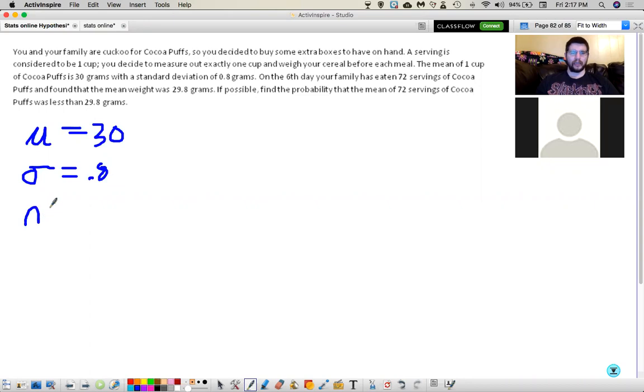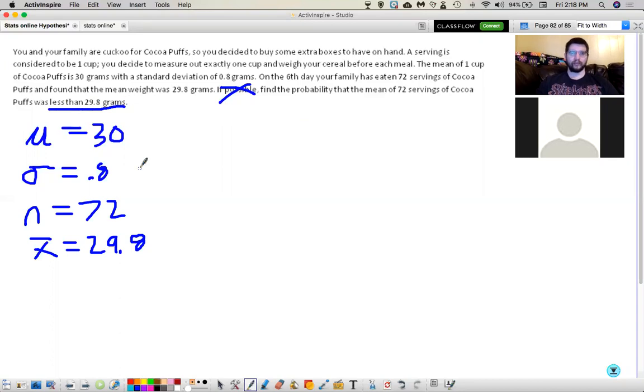So n is 72, and you found that the mean weight was 29.8 grams. Think they're cheating you on your Cocoa Puffs? It might be. Find the probability that the mean of 72 servings of Cocoa Puffs was less than 29.8 grams. Less than.